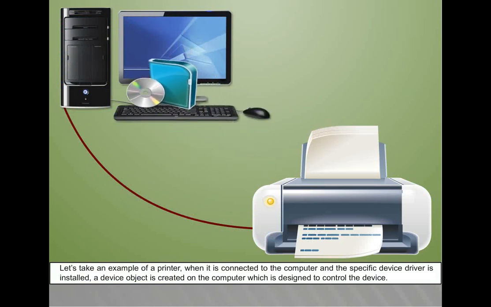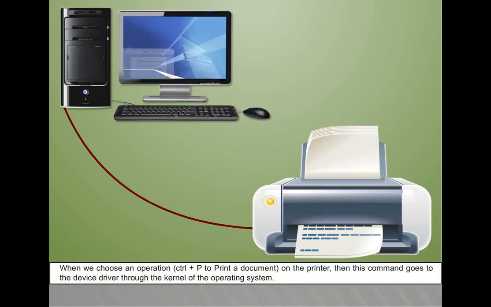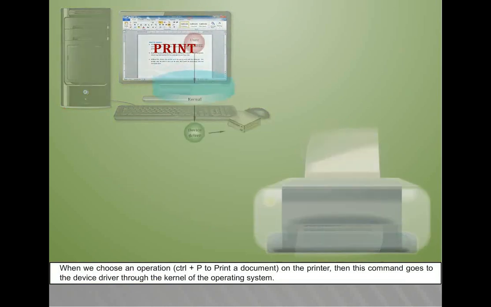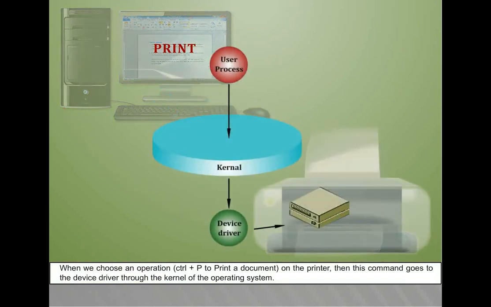Let's take an example of a printer. When it is connected to the computer and the specific device driver is installed, a device object is created on the computer which is designed to control the device. When we choose an operation like Ctrl+P to print a document on the printer, this command goes to the device driver through the kernel of the operating system.